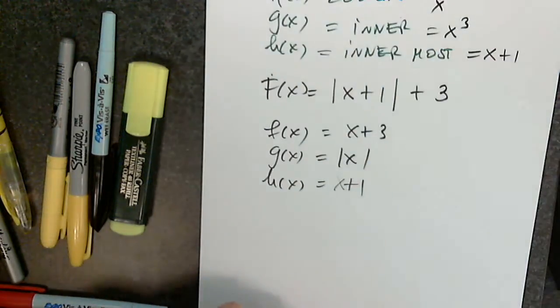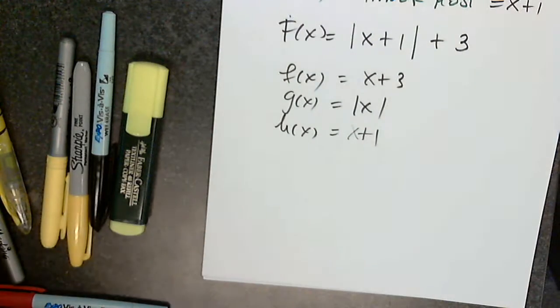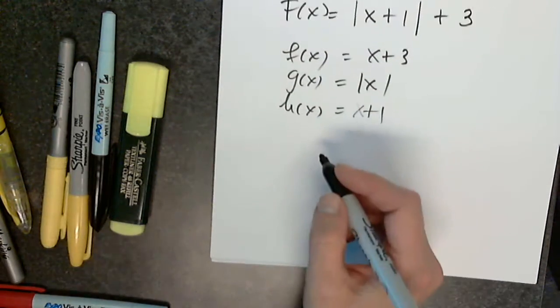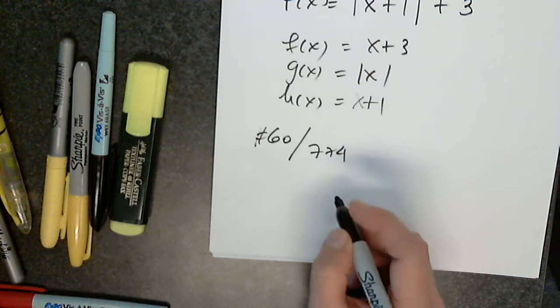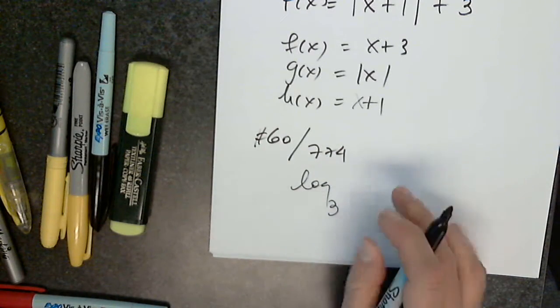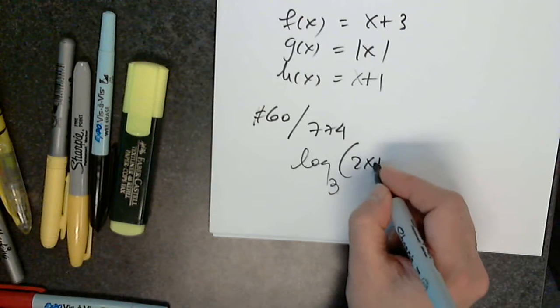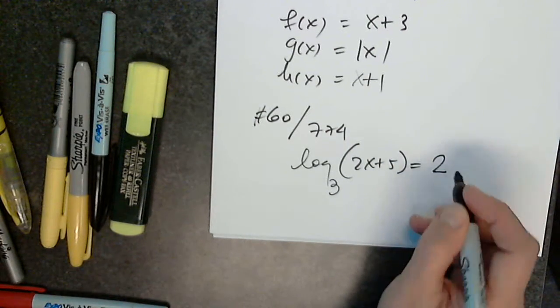Good? Okay, I'd like to look at some logarithmic equations. Let's say problem 60 on page 774. Log base 3 of (2x plus 5) is 2.